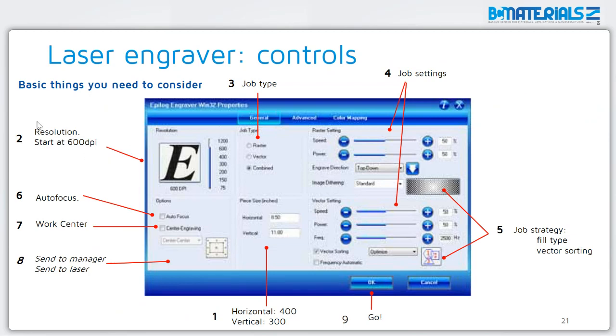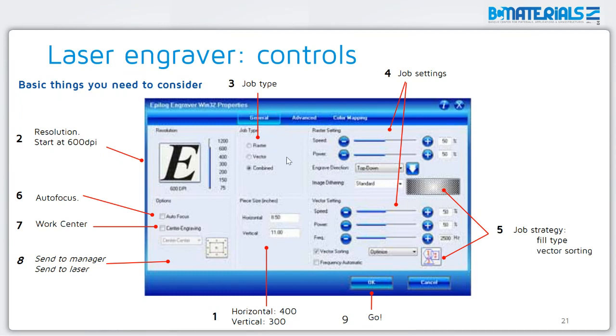Then you choose what resolution you want to work at. By default, you'll find the system set at 600 dpi. Sometimes you may need to use a higher resolution. It's not very often that you will need the highest resolution. Sometimes you can get away, and actually sometimes you need to work at a much lower resolution, say 400 or 300 dpi. So this is where you change it.